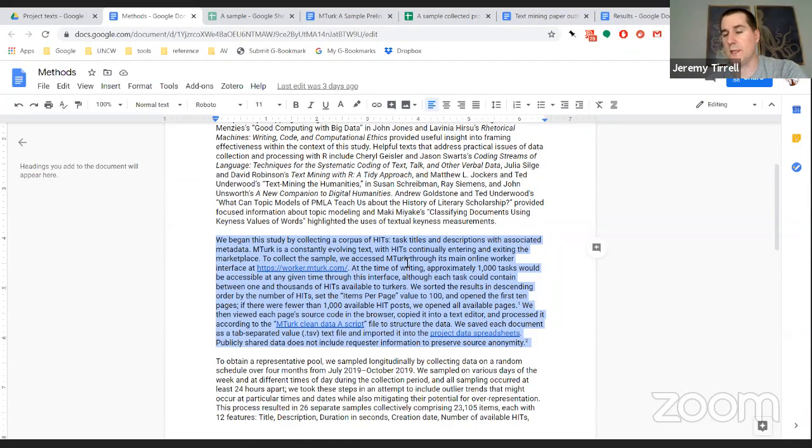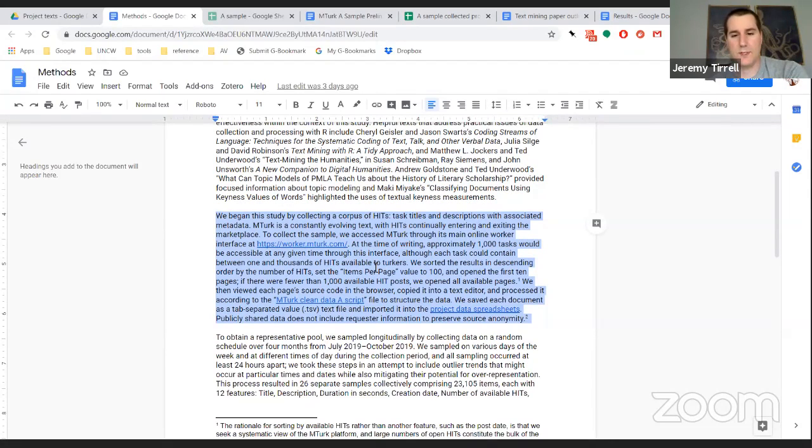That's what the B sample collects. And this product is not really so much about Turker sentiment. It's more systemic. It's more about what's on MTurk itself. What is the language of the hits, right? Yeah. So the method section tries to articulate that. And as we'll see here in a bit, it kind of ends with that.